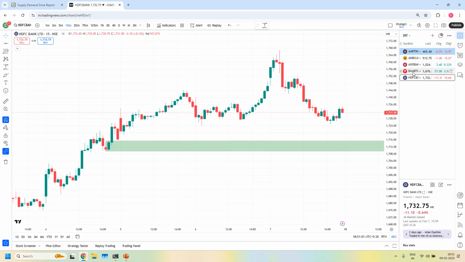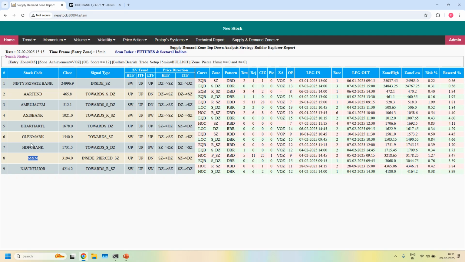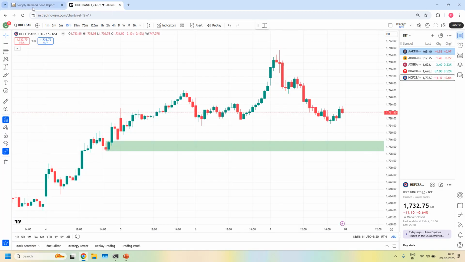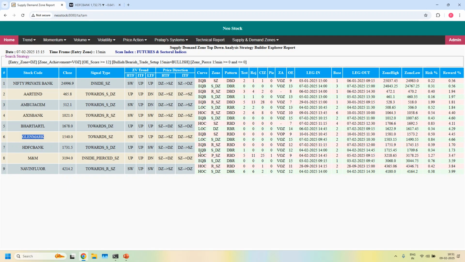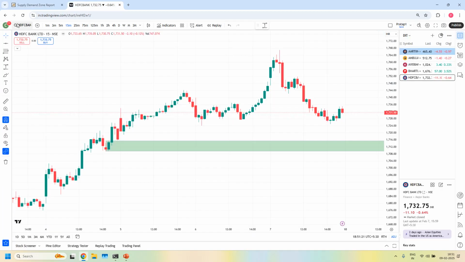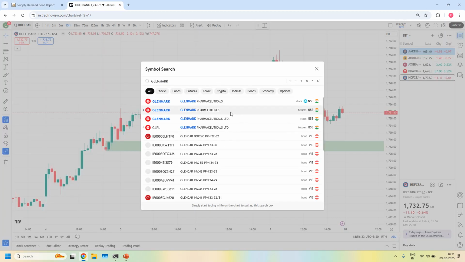Something is missing here. Axis, Bharti Airtel. After Bharti Airtel, we have Glenmark. Why did I go to HDFC Bank? Okay. Glenmark, when it is 7th February 9:45.